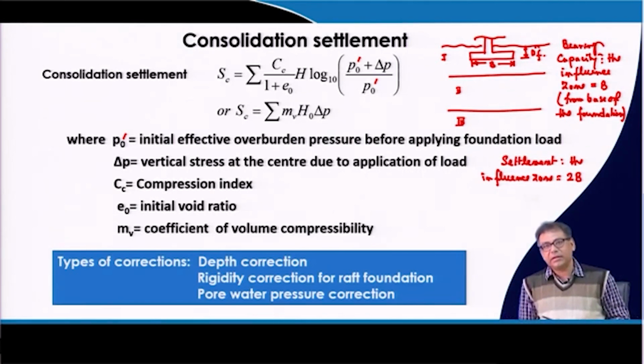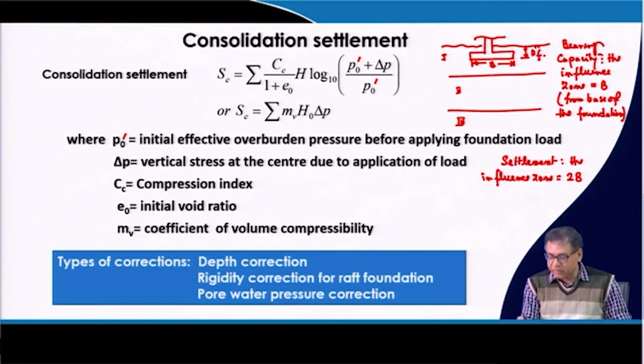Another thing you should remember: suppose within your influence zone there is a rigid strata. Suppose this third layer is a rigid strata, and your influence zone, twice B for settlement calculation, is going into the third layer.